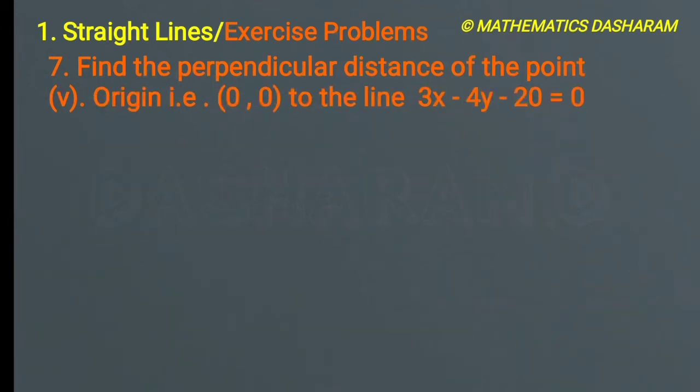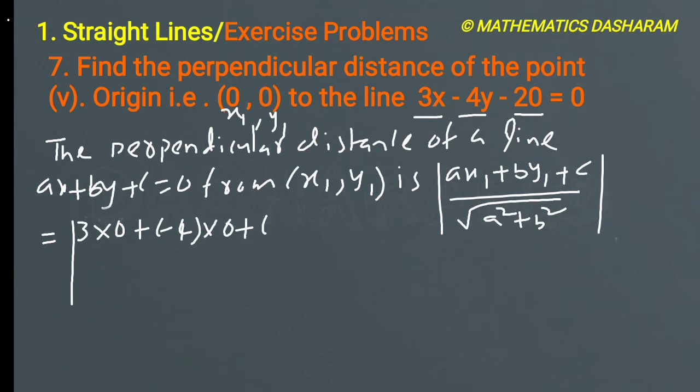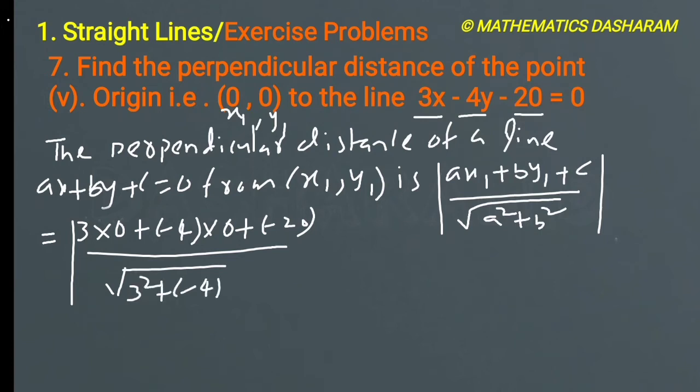Next, fifth question, the origin, that is 0 comma 0, to the line 3x minus 4y minus 20 equals 0. So here 0 comma 0 is x1 comma y1 and here is ax plus by plus c equals 0. So then the distance formula is, here is the distance formula, a value 3 and x1 value 0, plus b value minus 4, y1 value 0, and constant number minus 20, divided by under root a square plus b square, a value 3 square, b value minus 4 whole square.